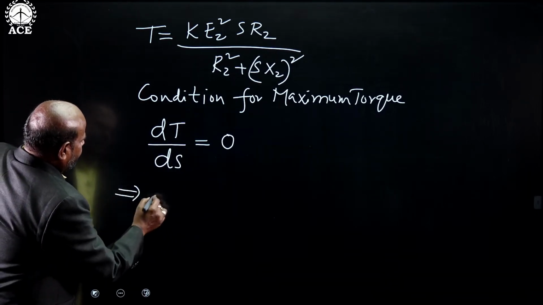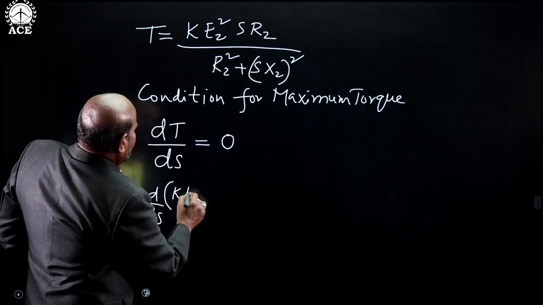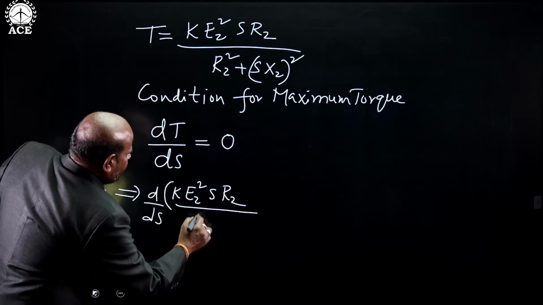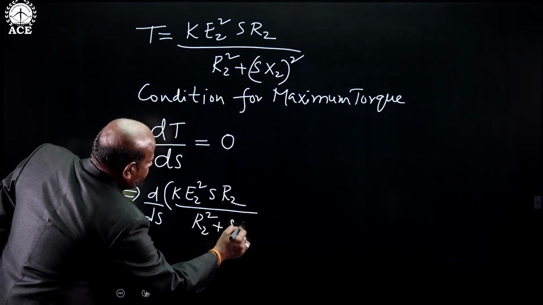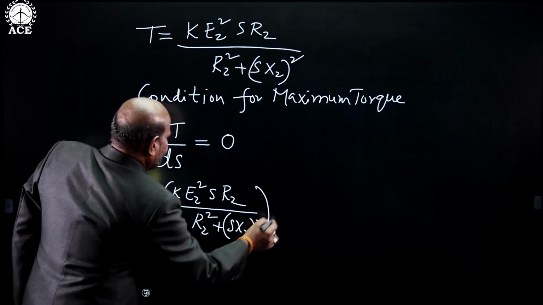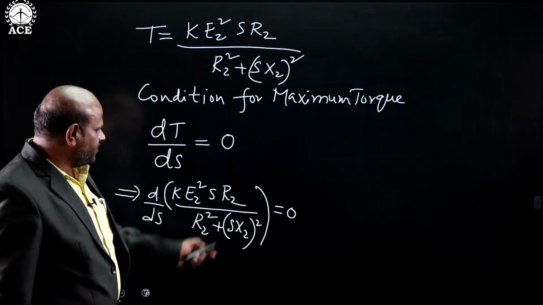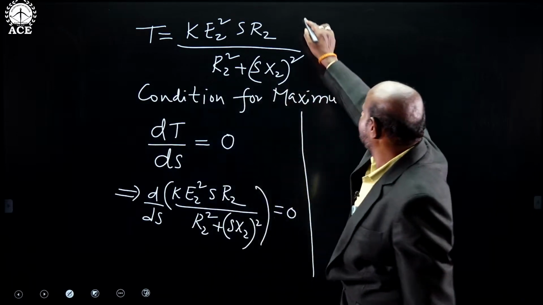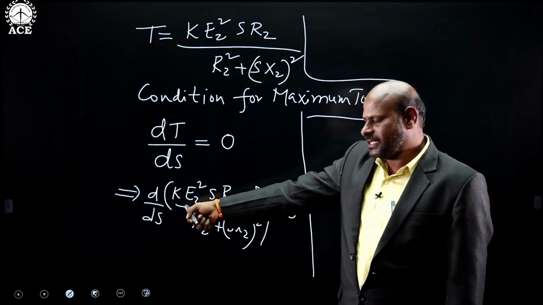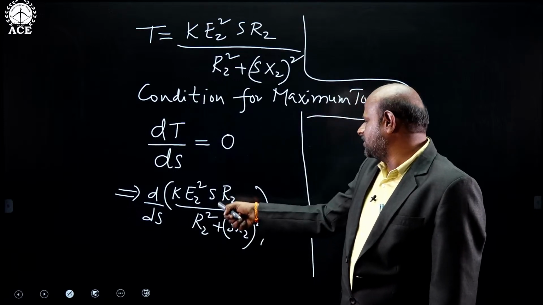So, d by dS of the torque T, K E2 square S R2 by (R2 square plus (S X2) whole square), and finally equate it to 0. K is a constant, so you can directly equate it to 0. So differentiate with respect to S. S is the variable here.